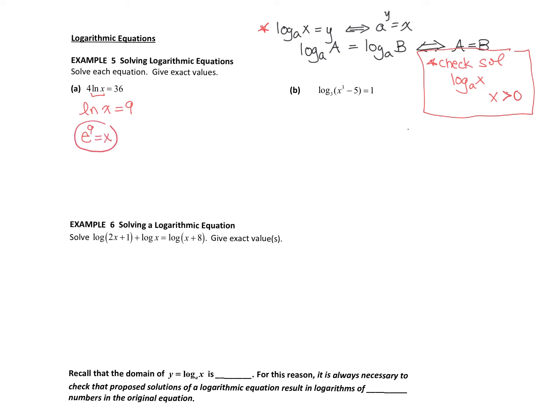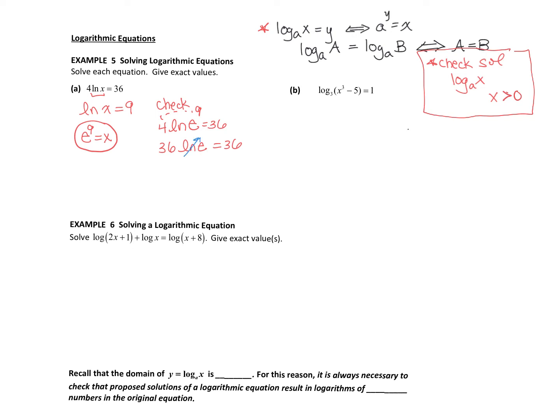Now I'm pretty confident in that answer, but I do need to check my work. So 4 times the natural log of e to the 9th equals 36. Bringing the exponent down, 36 times the natural log of e equals 36.